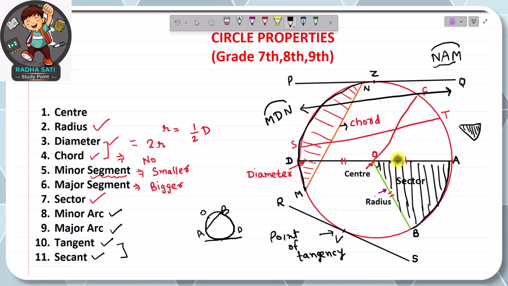Let's name it DE. So this DE, you can see it is cutting, intersecting the boundary of a circle at 2 points. Let's name this point G, and this point H. So this DE is intersecting the boundary at 2 points G and H. So this is known as secant.